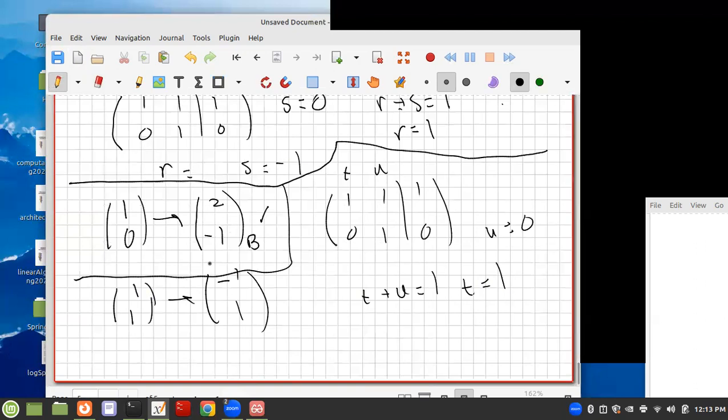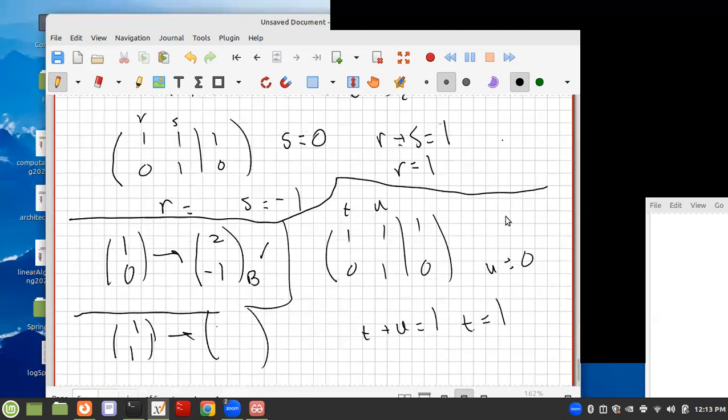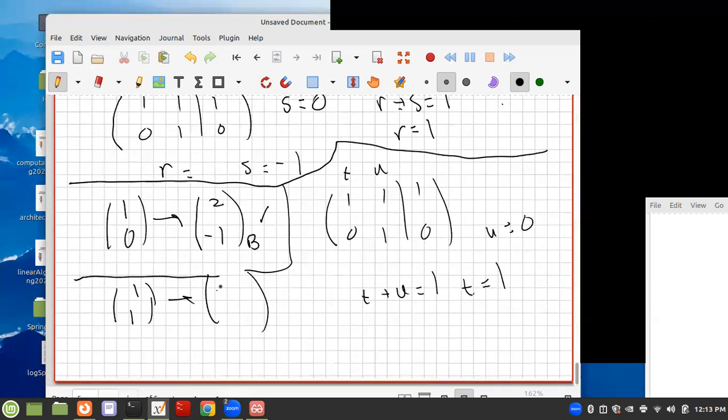And we have 1, 1 going to t and u. So this is t is 1 and u is 0 in basis B.